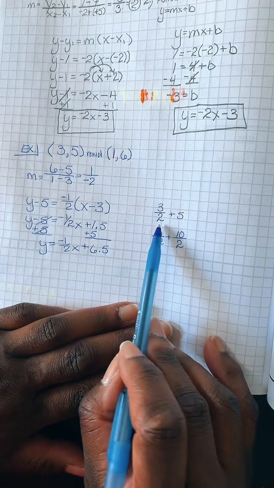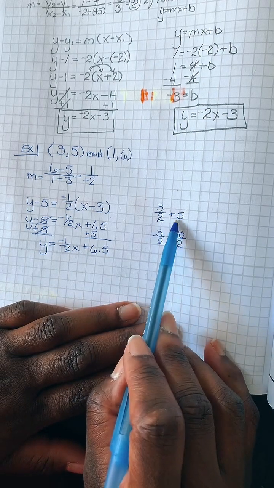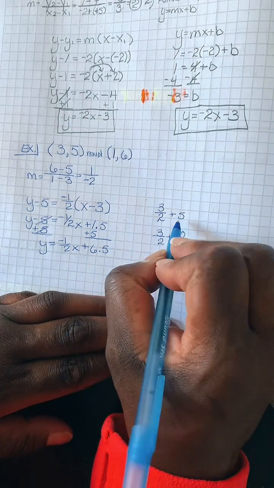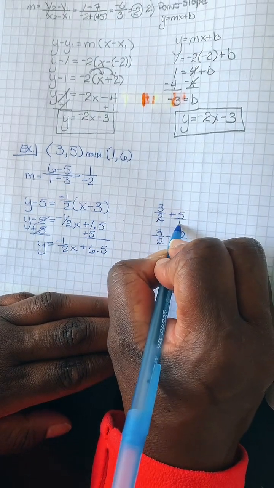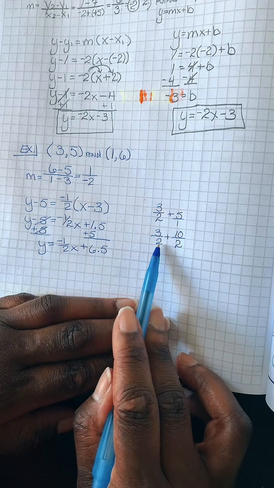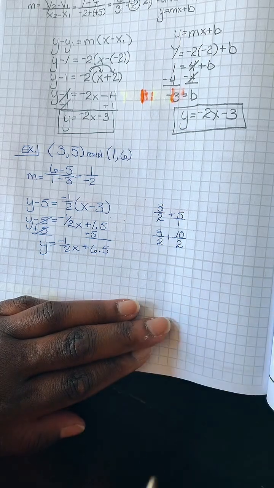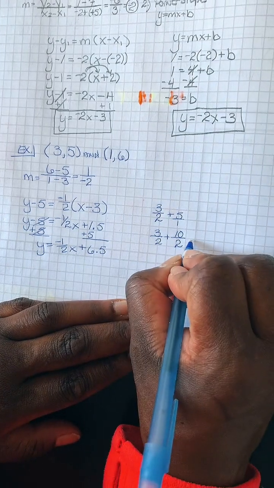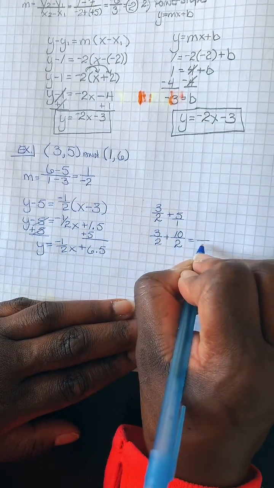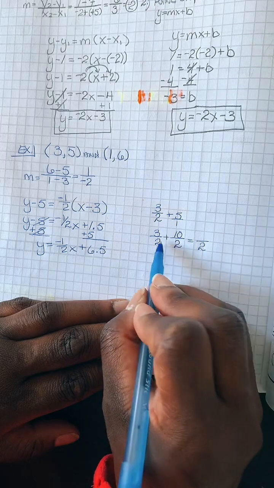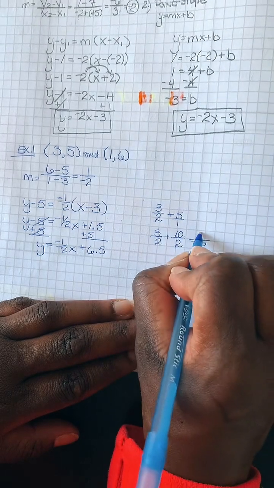Okay, so in order for us to add or subtract a fraction with the whole number, if you want, you can put that whole number over 1, but no matter what, we need to have a common denominator. So we keep the denominator, which is a 2, and we add the numerators, which is 13.